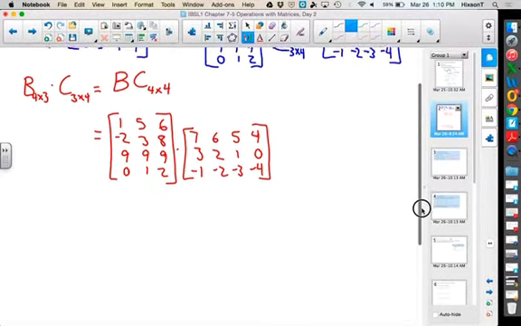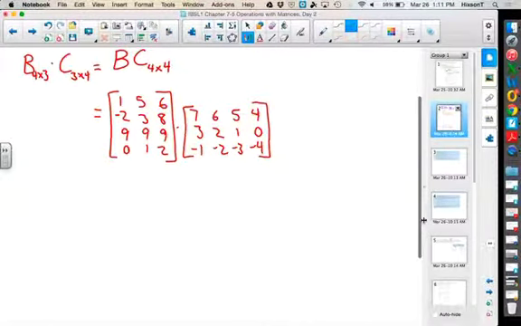Okay? So the first thing I do is I'm going to write down my 2 matrices. And then we'll start the process of finding what this product is. Now I'm going to give myself plenty of space here. Alright? Because we're going to have 4 rows.